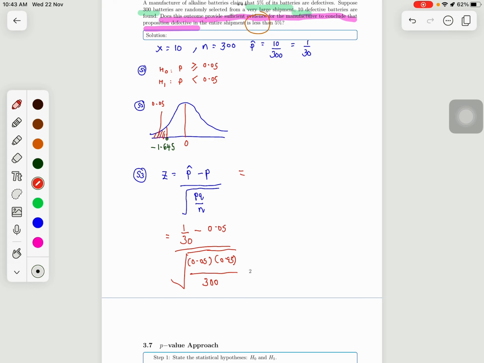You need to be careful, because sometimes we can make calculation mistakes. Oh, error. Back. What happened? Oh yeah, because there's no delete. Okay, what is your answer? My answer is negative 1.3245. So if my calculation is true, please check your answer.